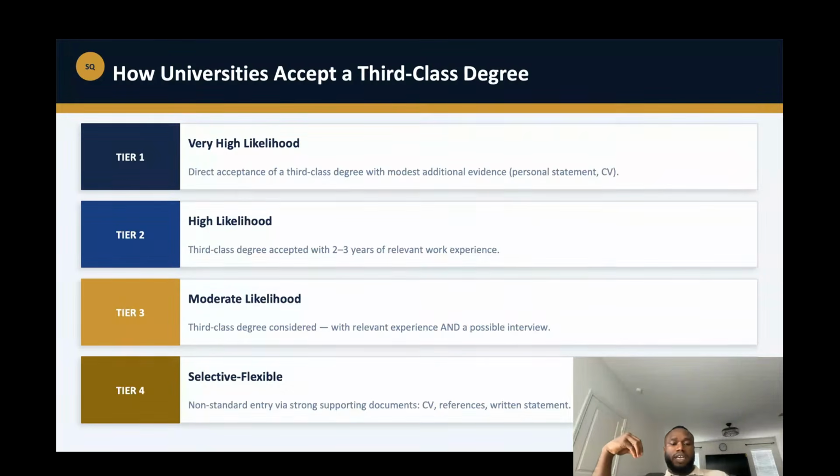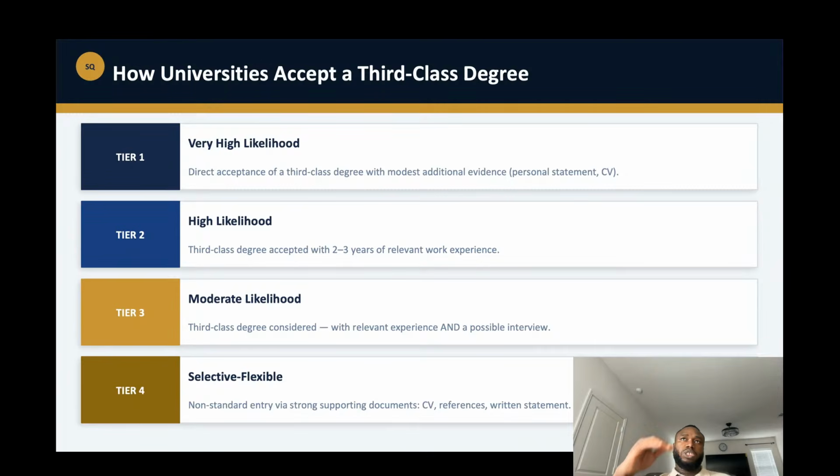And then the last tier, which is the selective flexible, these are schools where, in addition to your class, you need to provide very strong supporting documents. You need to provide your CV, letters of recommendation, and also a written statement explaining why your undergrad degree wasn't that great and your plans for your postgraduate education.